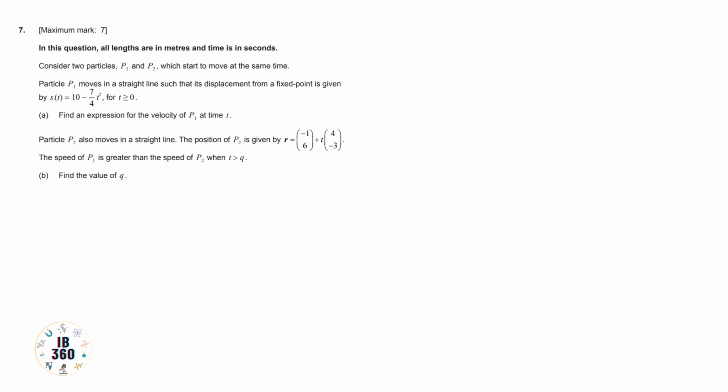Now the second question. For the second question we have r equals (minus 1, 6) plus t(4, minus 3). It is the position. Now to find the speed, we have to differentiate it with respect to t.